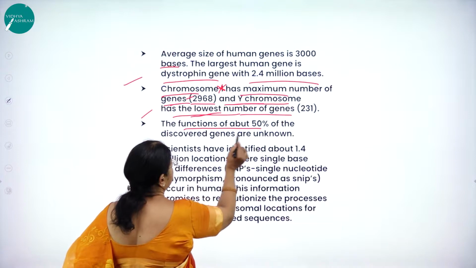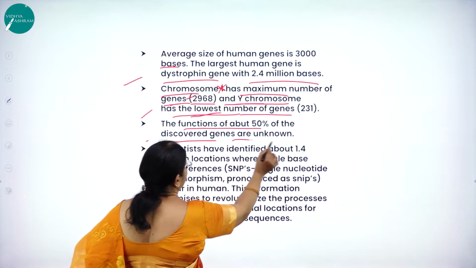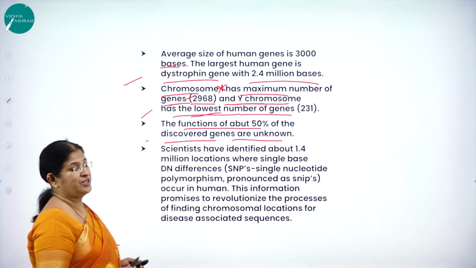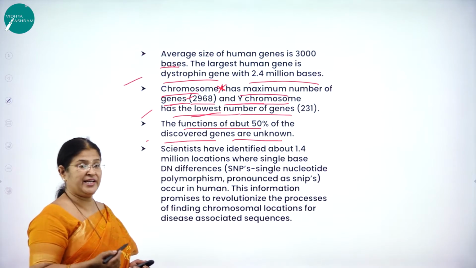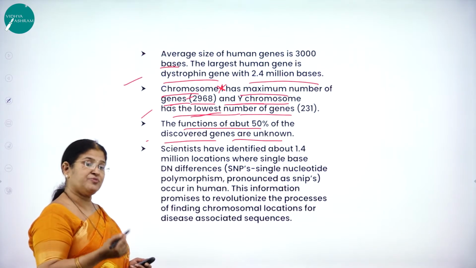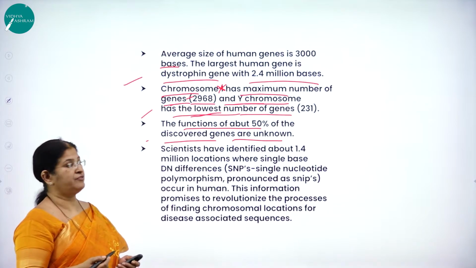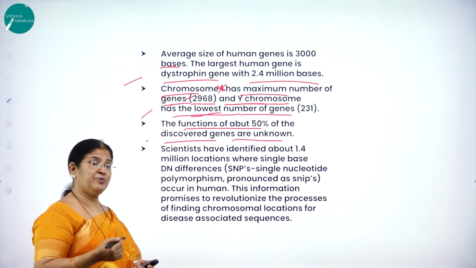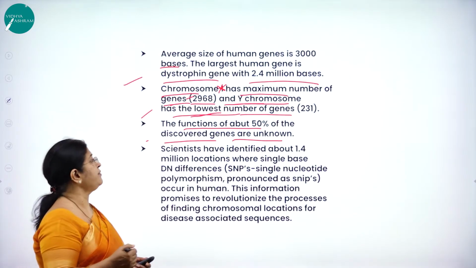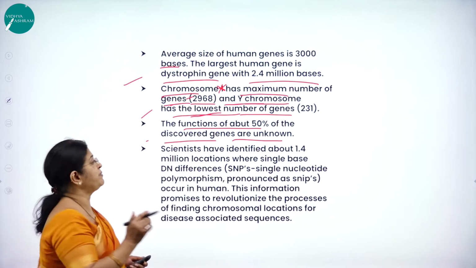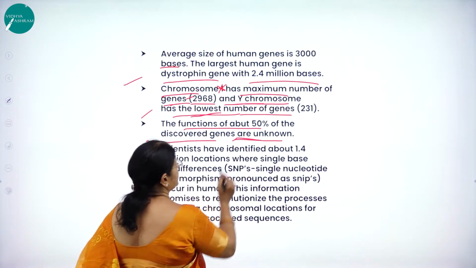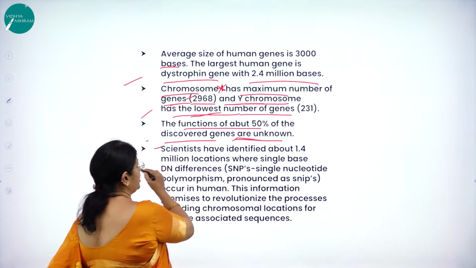The functions of about 50% of the discovered genes are unknown. See, though we say DNA is the main genetic material which is very much responsible for passing on the characters, with the Human Genome Project, the functions of only about 50% of the discovered genes are known and 50% are unknown.